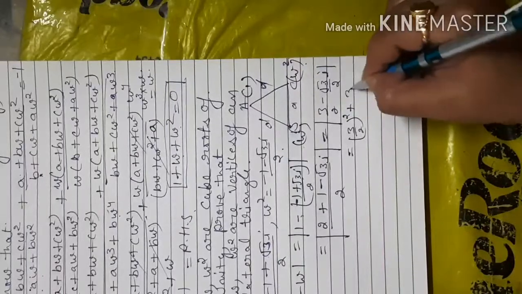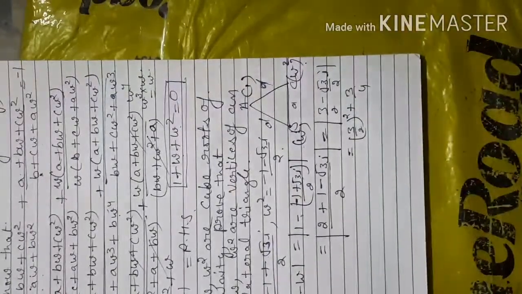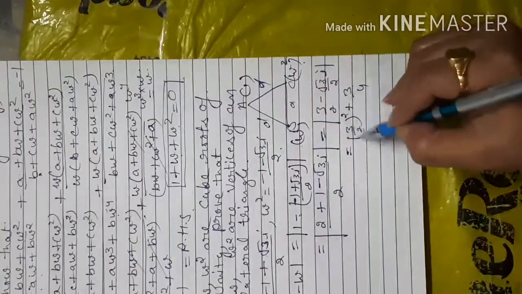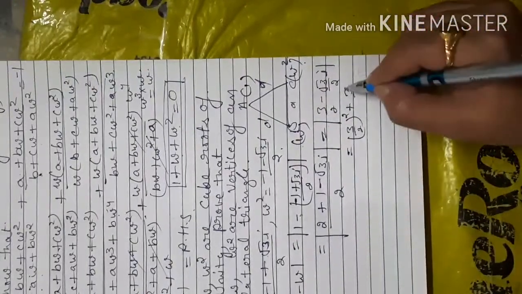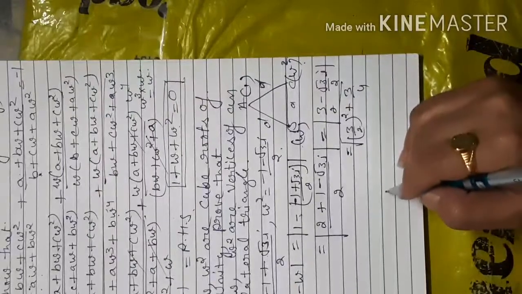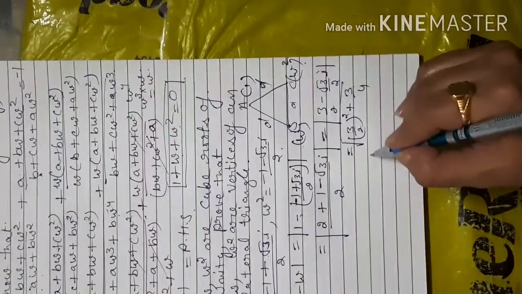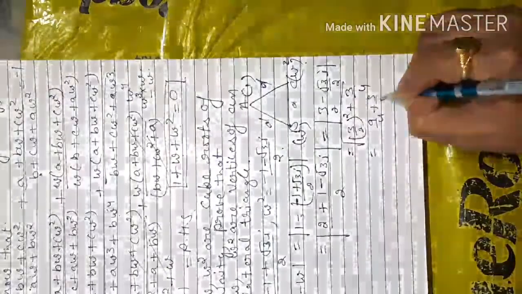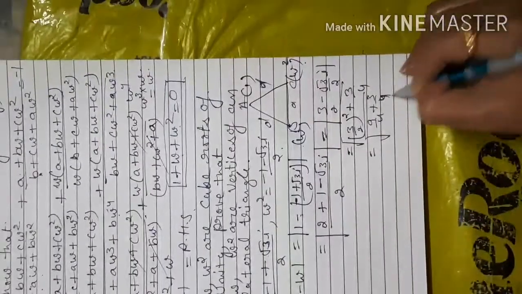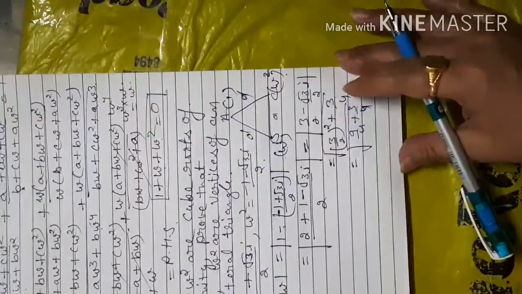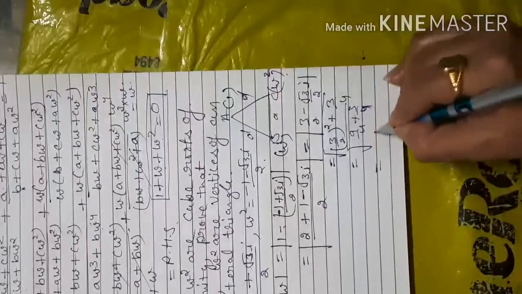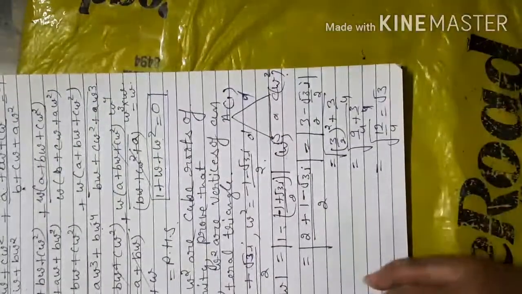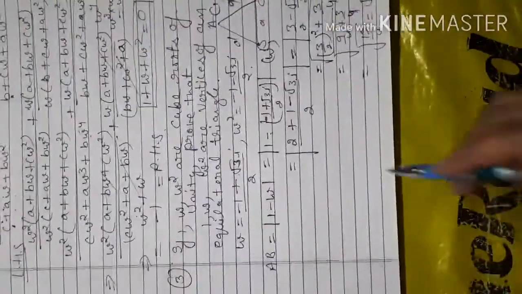So that is 9 by 4, because this was root 3, and the other is 3 by 4. So the square root of 9 by 4 plus 3 by 4 is 12 by 4, which gives me root 3. That means my AB value is root 3.